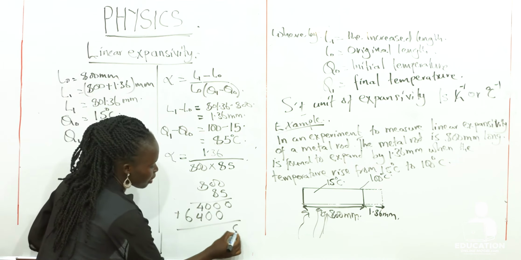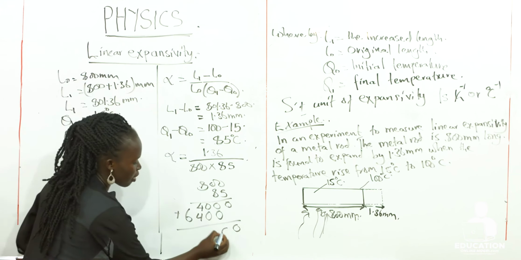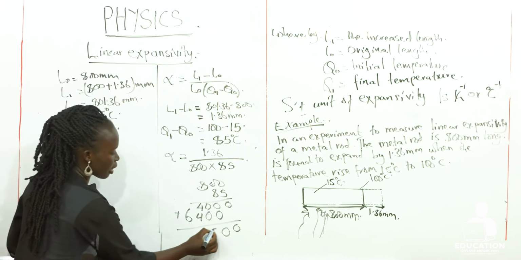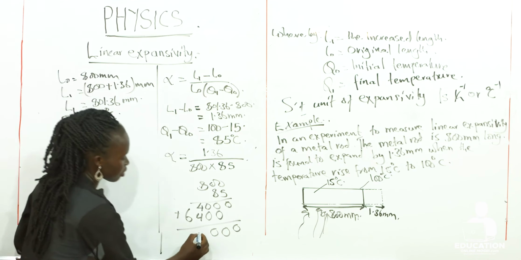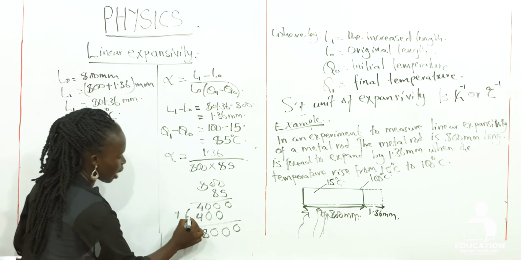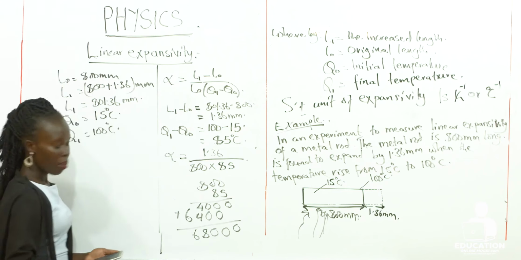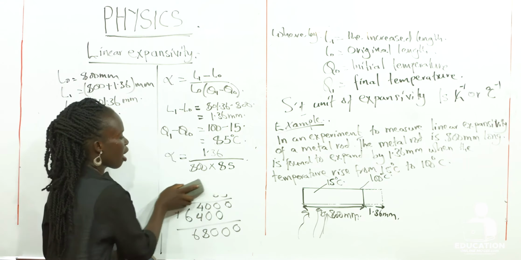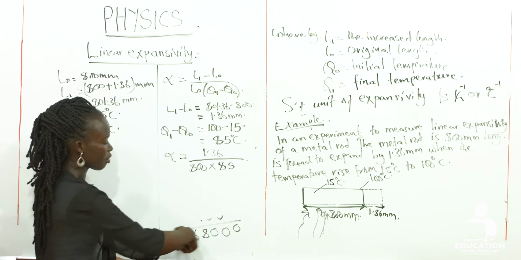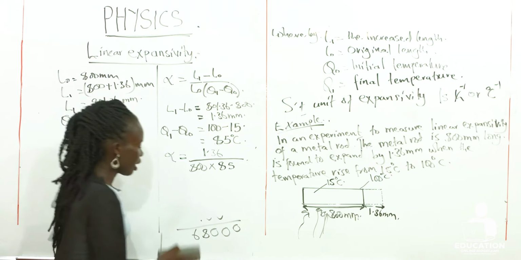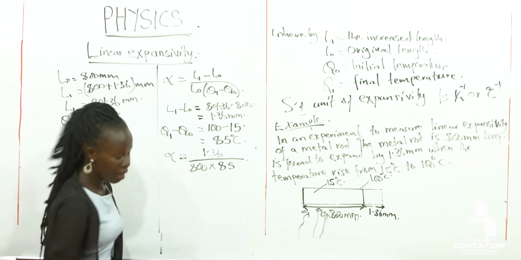So we are adding the two. This is 0 plus nothing is 0. 0 plus 0 is 0. Again we have 0. 4 plus 4 will give us 8. And then we have it plus 6. Meaning that our 800 times 85 will give us 68,000.